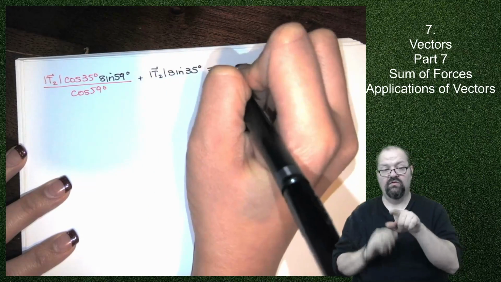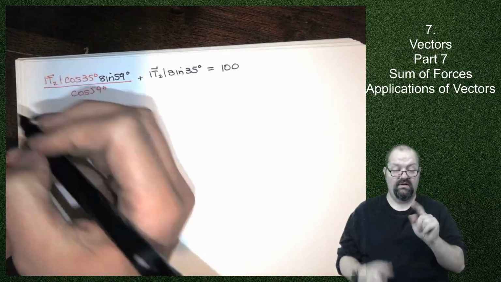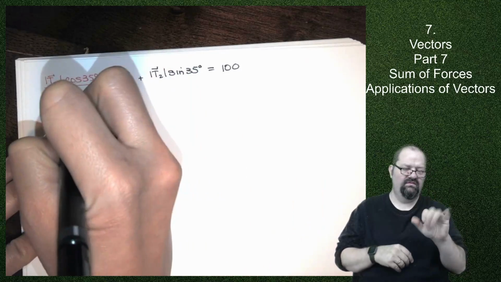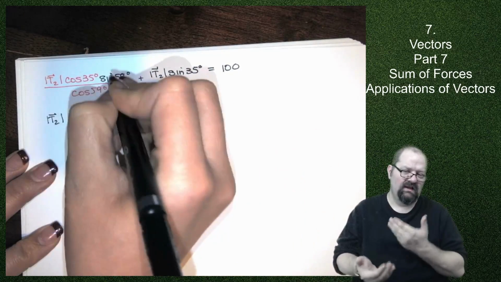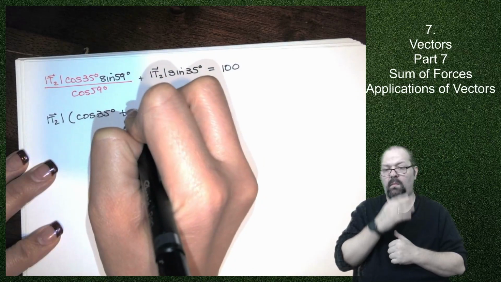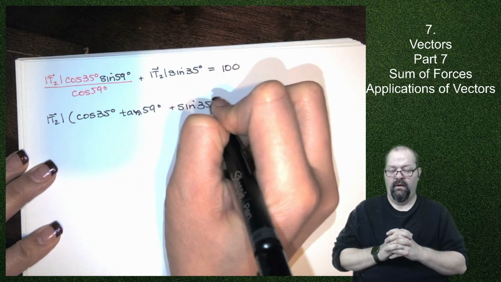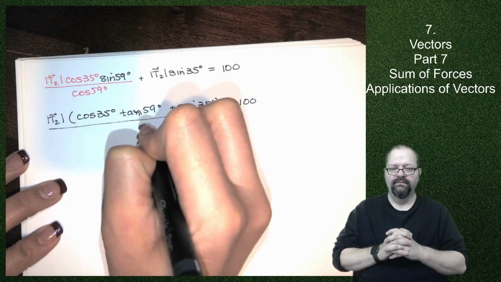I'm going to add that to the other side. I'm trying to get T2 by itself, so I'm going to factor it out. It's just algebra 1, guys. Nothing fancy. Looks worse than it is. Cosine of 35 times tangent of 59, plus sine of 35. Woo! Divide by all that.